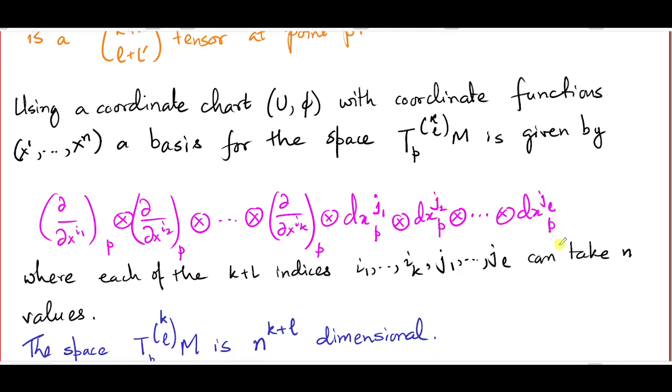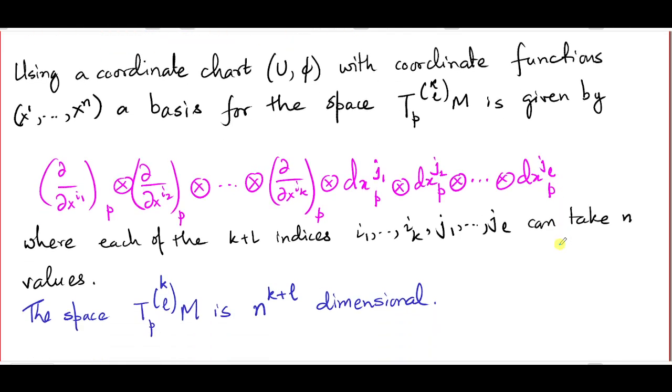And it's rather easy again to see that this space has a dimension which is given by n raised to the power k+l. After all, if this is a basis, each one of these indices i1, i2, ik, j1, j2, jl, k+l indices in all, can take n independent values. So overall there are n to the power k+l distinct such basis vectors, and they span the whole set, which immediately tells you that this is the dimension.